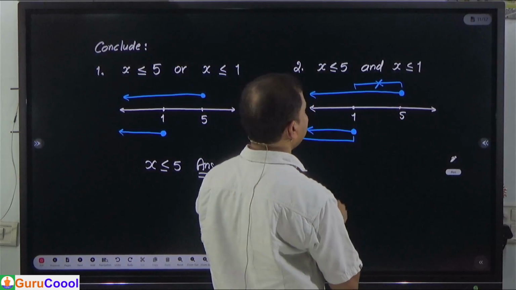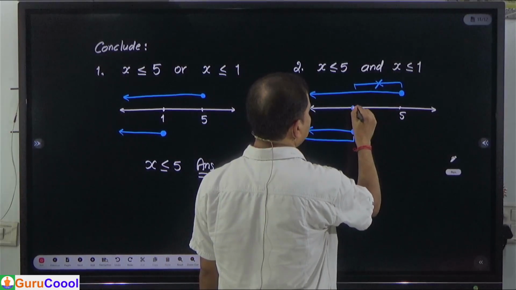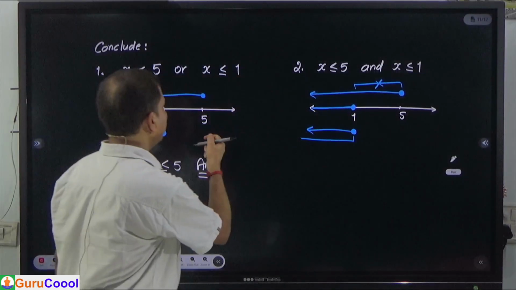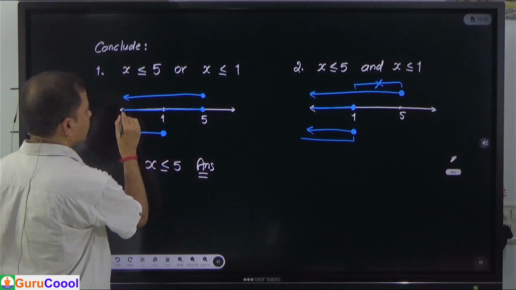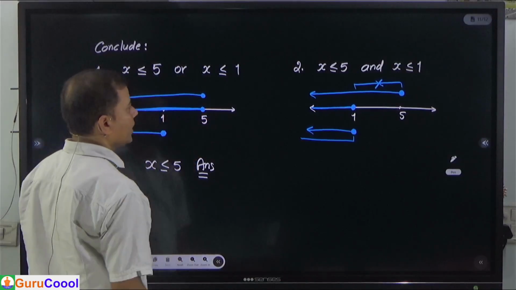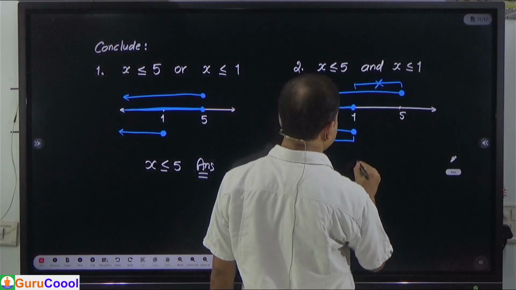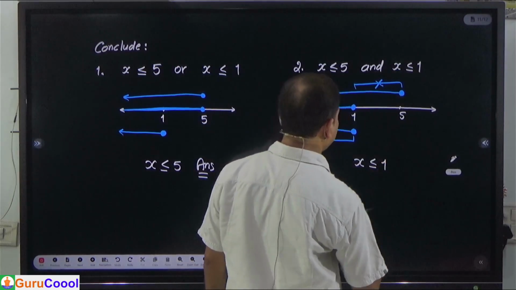So finally, if we color the number line, the conclusion is from here to here. So what is the conclusion? x is lesser than or equal to 1.